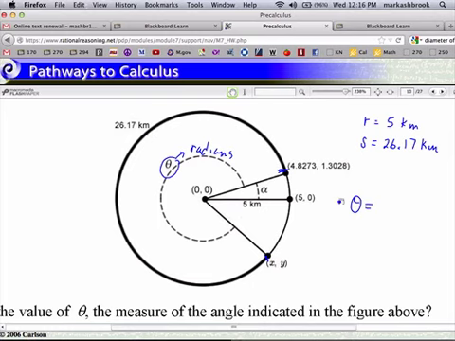How would you find it? You take the total arc and chop it up into pieces of length 5, and that tells you how many radius lengths go into it. So it's 5 point what? 2, 3, 5. 2, 3, 4. Okay, so 2, 3.